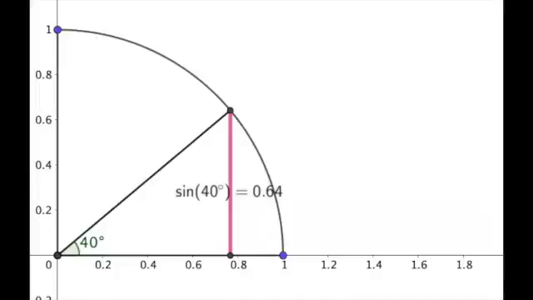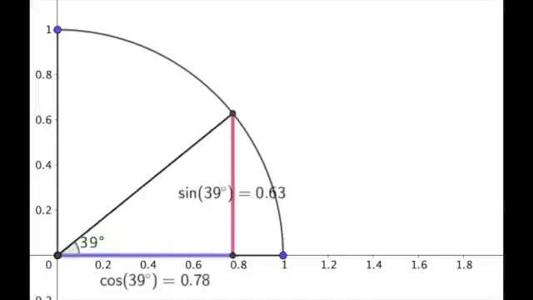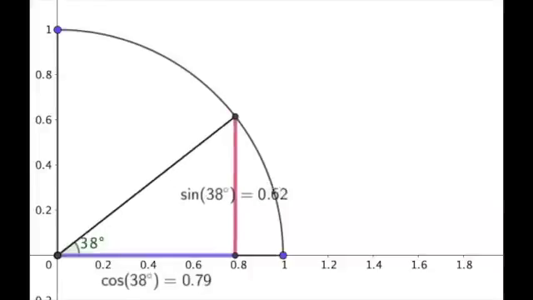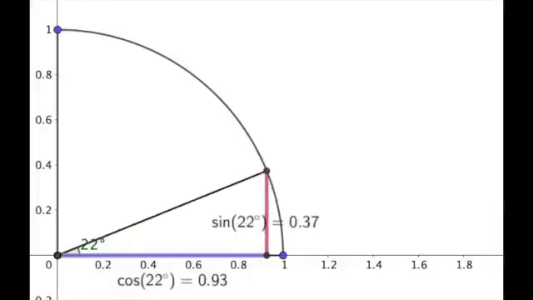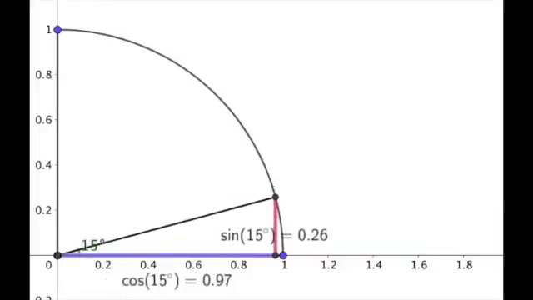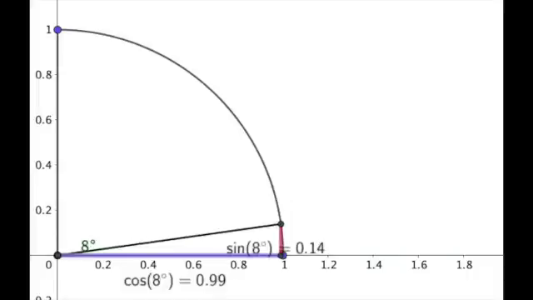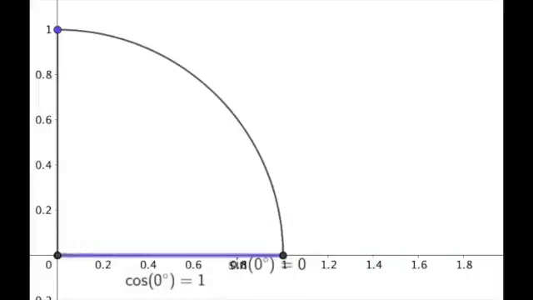Now another significant line segment in this picture is the one I just made blue. We'll call that the cosine of 40. Just as the sine changes when the angle changes, the cosine changes, but when the angle's small, the cosine can get pretty close to 1, or actually equal 1 if the angle becomes 0.